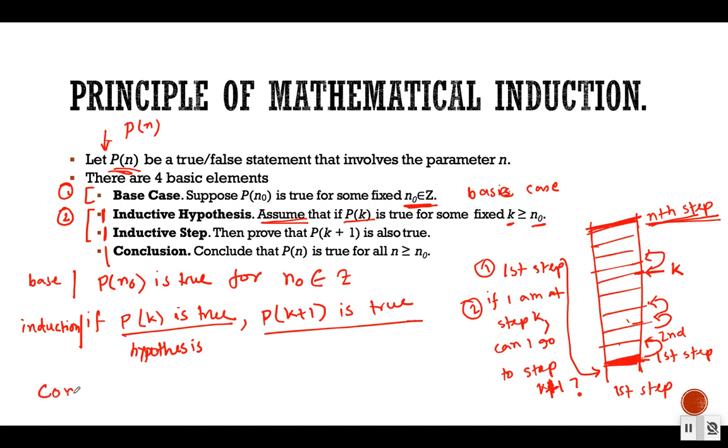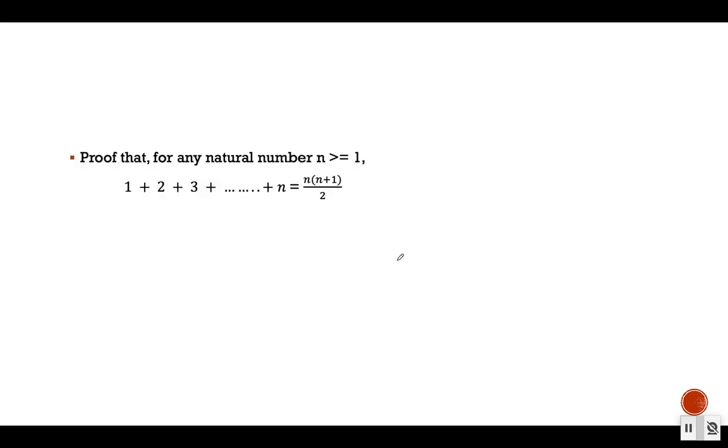So my final step is the conclusion: we can conclude that Pn is true for every n, every value of n which is greater than our first step n naught.